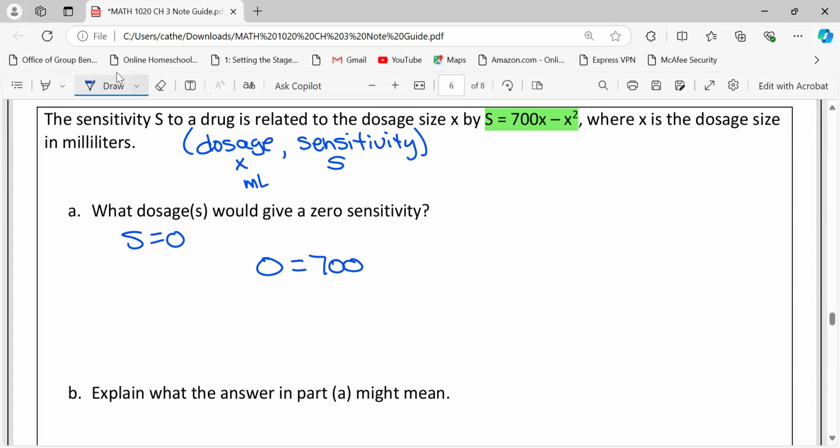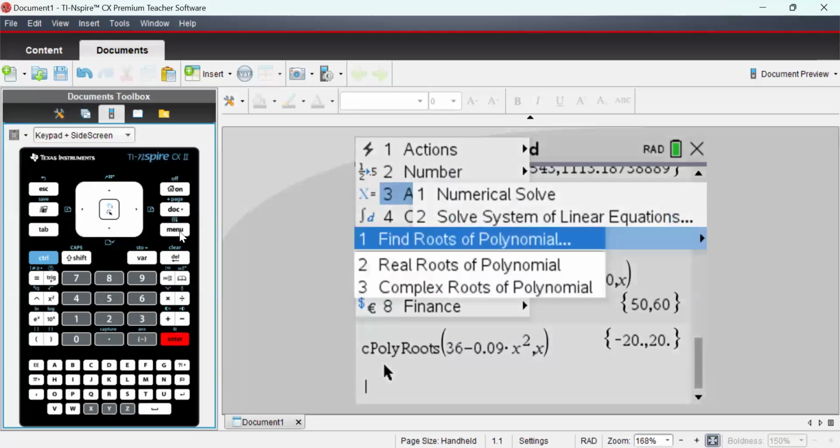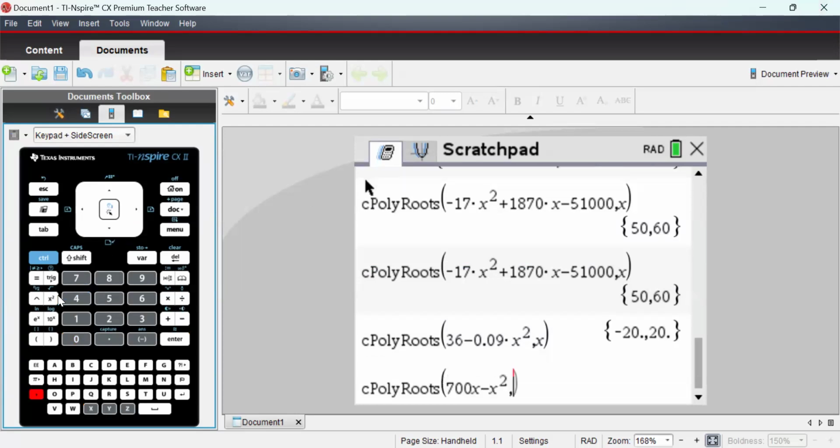So we're going to plug that in. Let's go over to the calculator. We have something with a square on it, so we're going to use C poly roots. Comma X at the end.